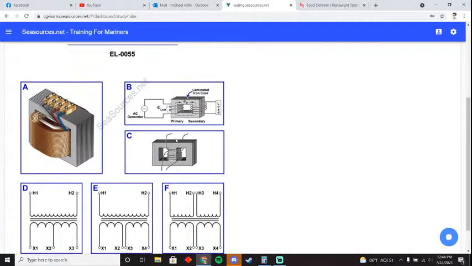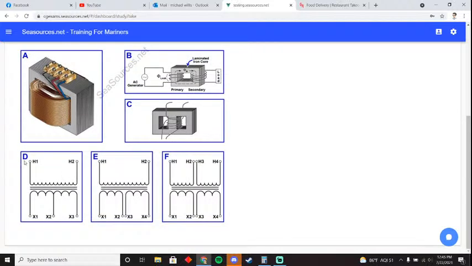The way a step up and step down transformer works is you're going to have one coil, then you're going to have two coils, or this is what's known as a step up transformer.